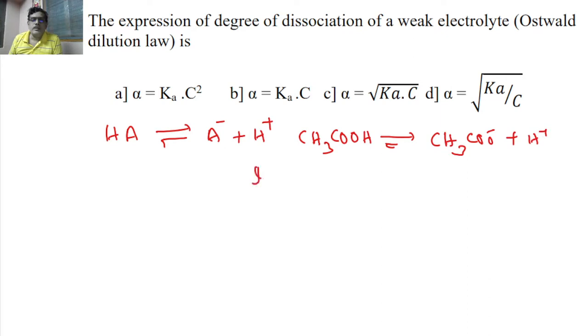Now initially at the beginning this will be 1, this will be 0, 0, and what is going to dissociate is alpha moles of acetic acid to give alpha moles of the ions.